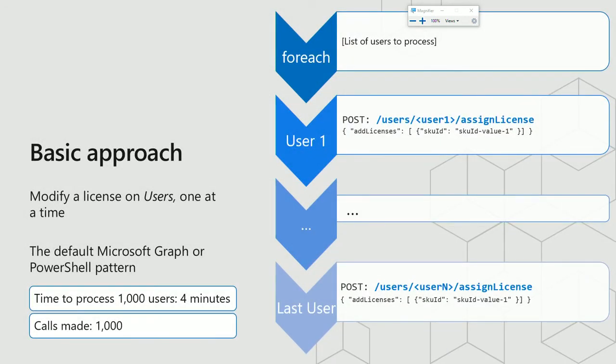Now, one example of this is, say for instance, you wanted to add licenses to a particular set of users within your organization. Hypothetically, let's say we have 1,000 users. When you run this without batching, essentially you're making 1,000 calls to the graph. That will typically take around 4 minutes to do, and it will take 1,000 calls to run.